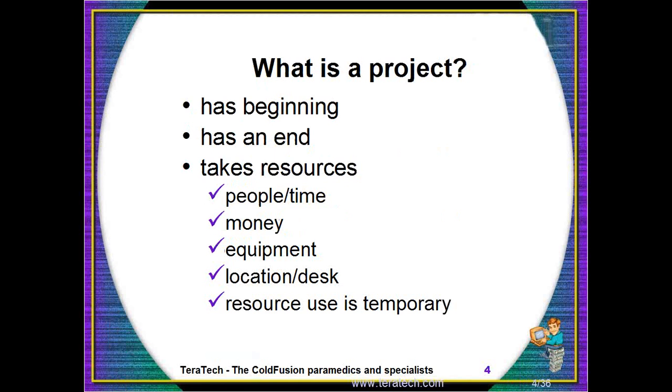So let's look at what a project is. A project has a beginning, an end, and it takes resources. If you're just working on some code and it goes on forever and never has an end, that is not a project. But if you have something that has a delivery date and some requirements, and you can tell when you're done, and it takes up resources, then you have a project.